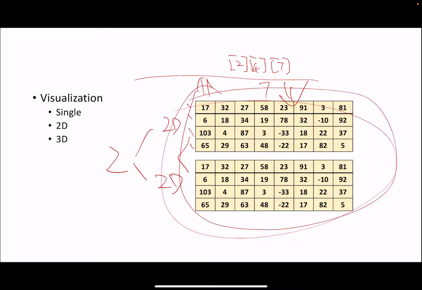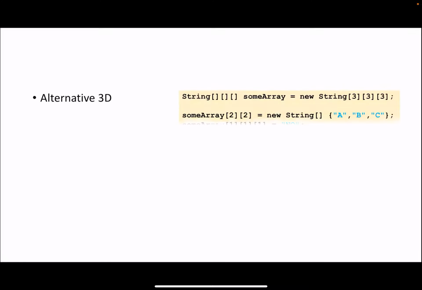But this is not the best way we can visualize them. There's something else, maybe simpler, to help you access and locate the cell you want, which we call the alternative three-dimensional array visualization.